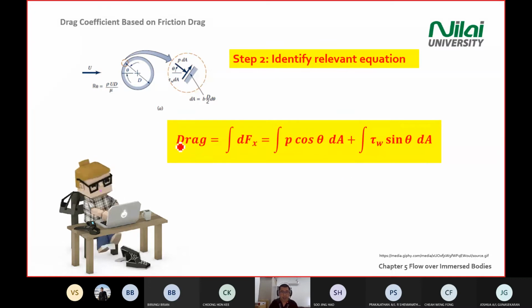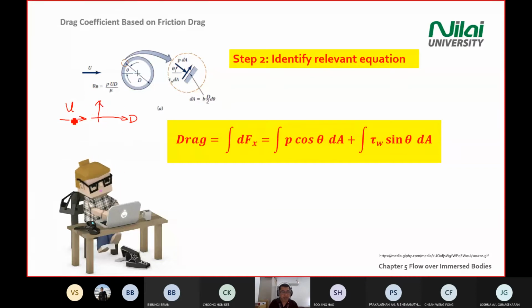So the first equation we use is the drag equation. Again, you don't need to copy. Later you can get my slides. Just try to understand how we solve this question. So we pull out the drag equation given by integration of all the force in the x direction, because we already defined, we refer to our upstream velocity, all the force parallel to the u, we call it drag.